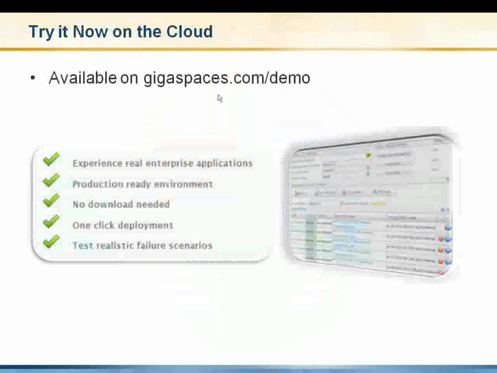What you can do is just go log on to gigaspaces.com/demo, and in a few clicks, without downloading the software, run any of the ready-made examples. One of them is actually the stock demo that we showed during this webinar. It's a good and very quick way to test drive the product in a large-scale, cluster environment, without having to download or commit to any hardware resources.